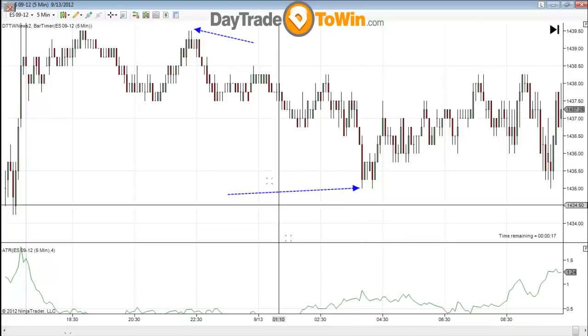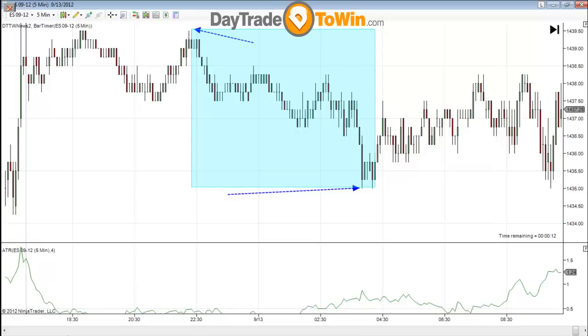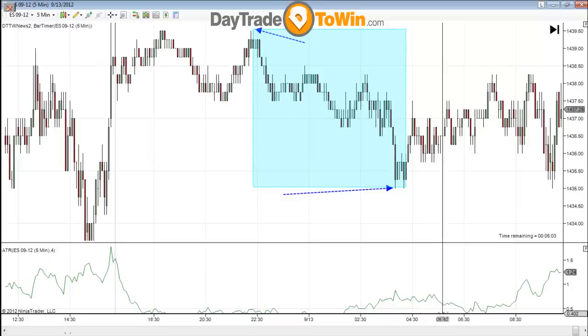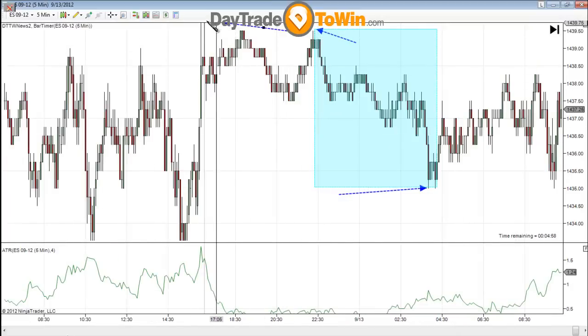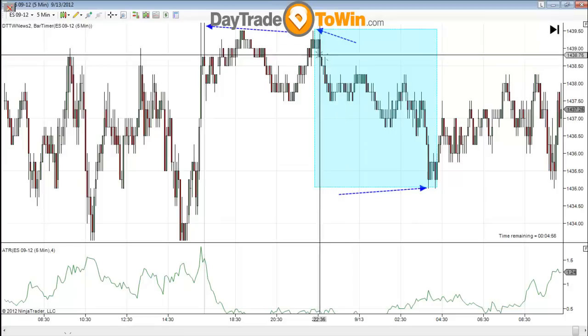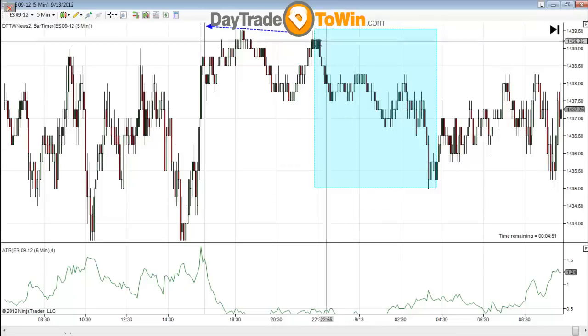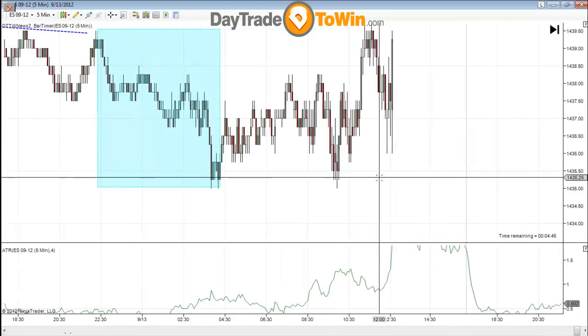So if anything, I would expect the market to be stuck here until that news event. So I have an expectation of what the market is going to do before it opens. If you know that this is a high that was put in place, you know that this is going to act as resistance and that this is going to act as support.